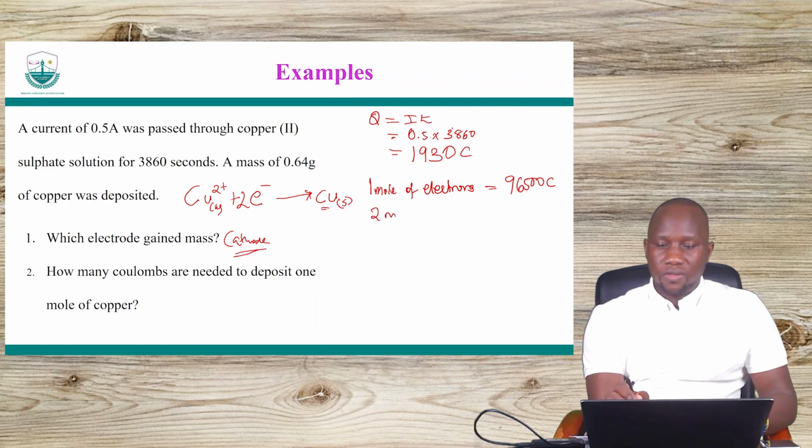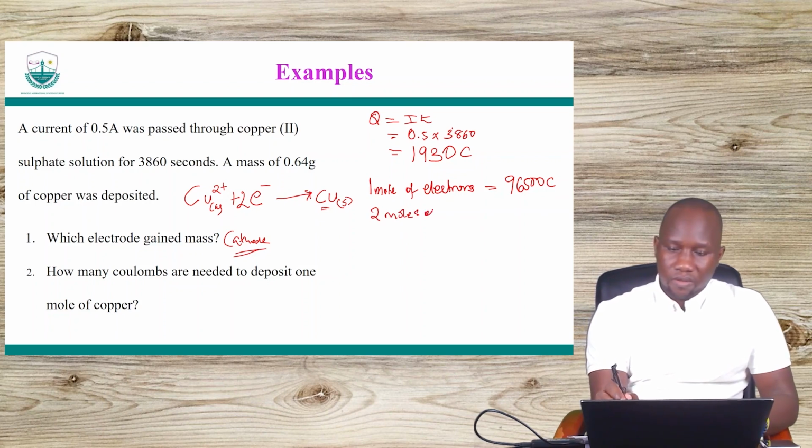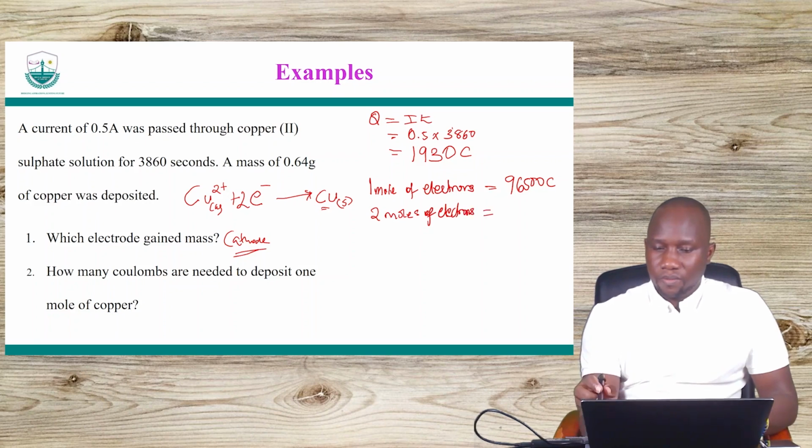Now, for 2 moles of electrons, it will be that times 2, right?